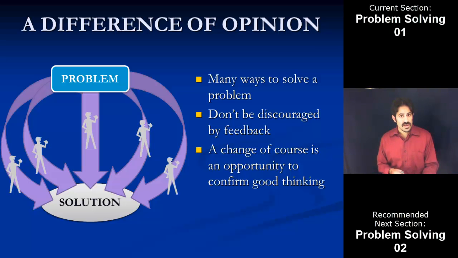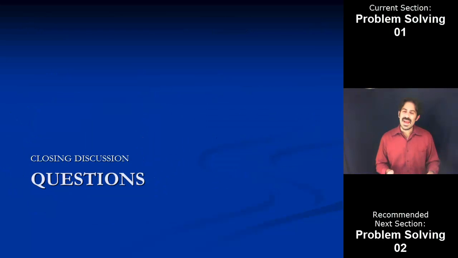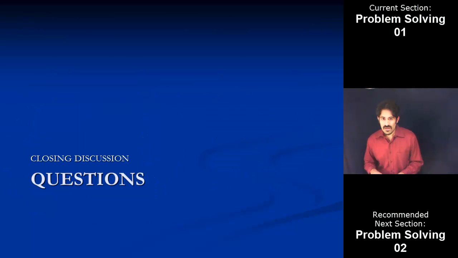It's really an opportunity to confirm that we were thinking about this the right way. And the fact that we found out we weren't and changed is a positive thing, because in the past we might have stayed down that route, put in a bad solution, and then been frustrated about why we spent all this time and money and couldn't actually make the problem go away. And if that sounds familiar, it's because it happens to everybody.